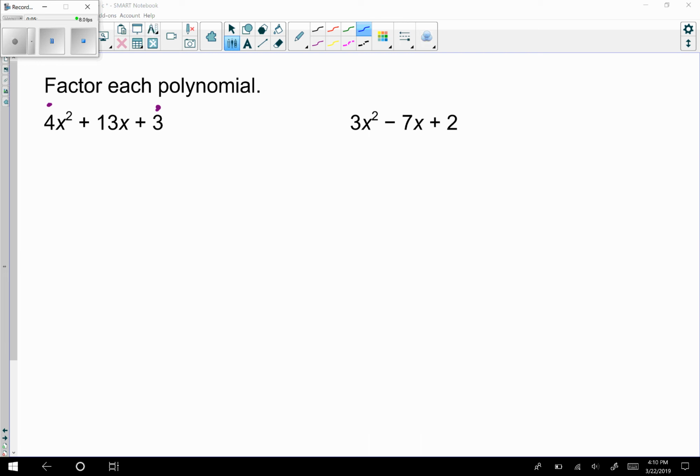So what happens with AC split? AC split is you are taking your A term, this 4, times your C term. So you're going to multiply them together, and that gives you 12x squared.